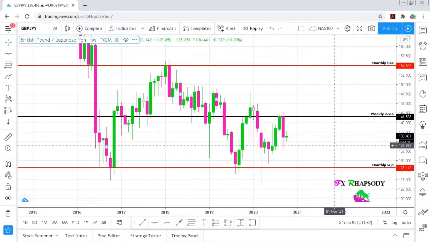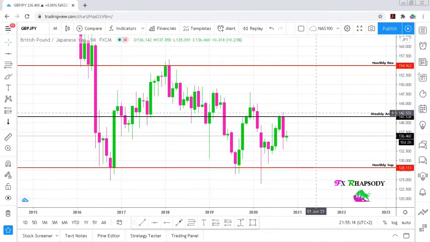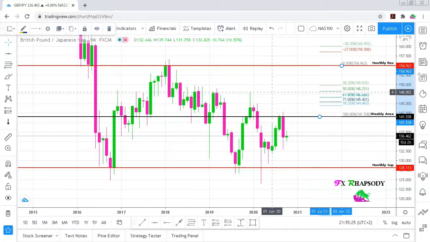Okay, next I want to get the halfway mark between the weekly and the resistance. So again, I take my Fibonacci tool from top to bottom, or bottom to top, it doesn't matter, we just want the halfway mark.